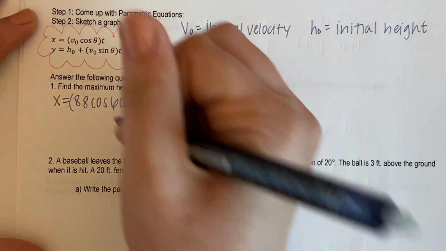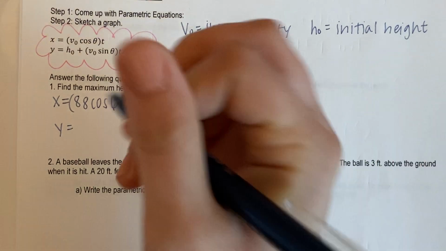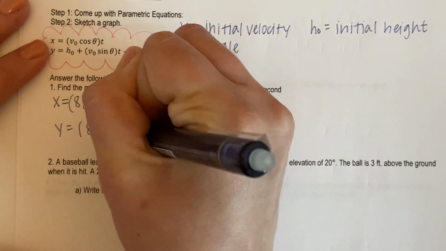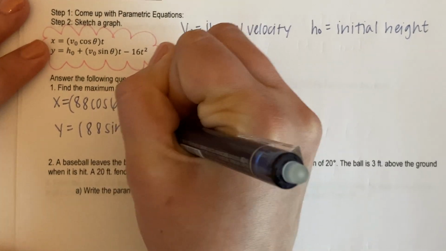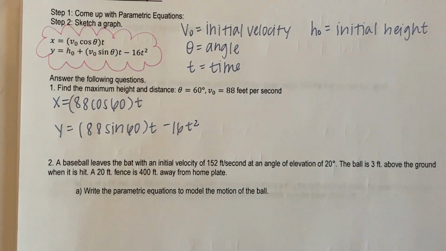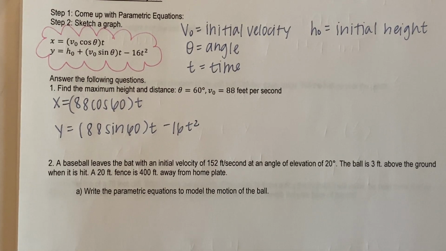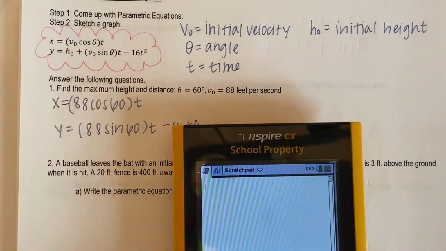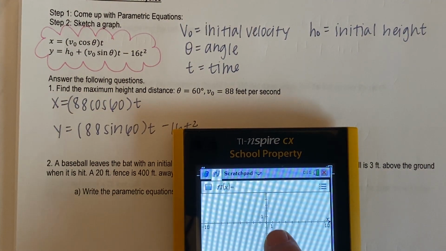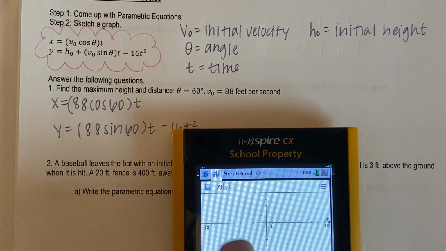And then my y equation, the initial height is 0, but I have 88 sine 60 times t minus 16t squared. Okay, in order to solve this, we're going to be using a calculator and we're going to graph. But in order to graph in my calculator, we're in f of x, so I need a rectangular equation.